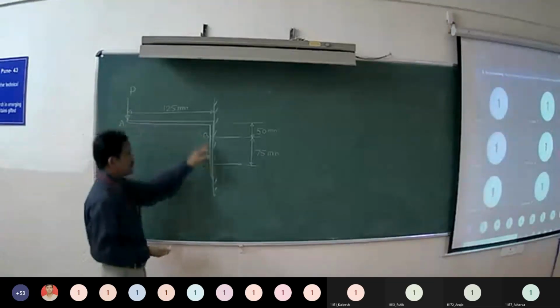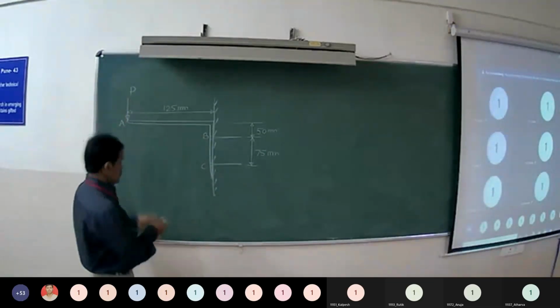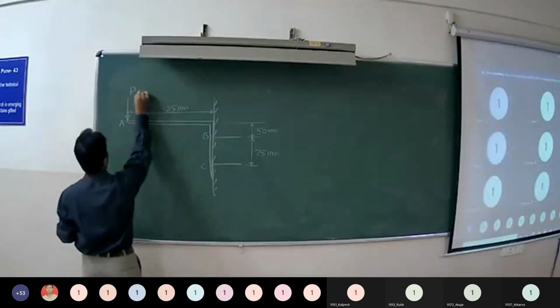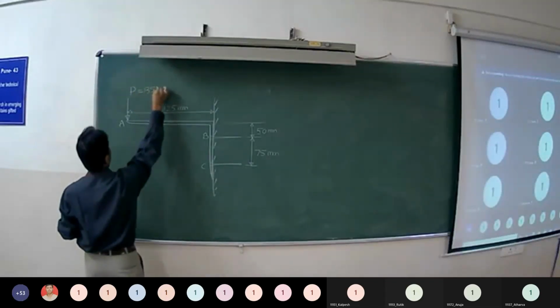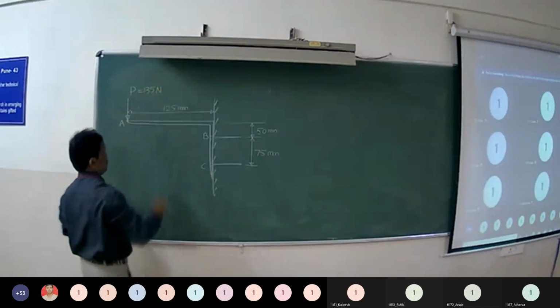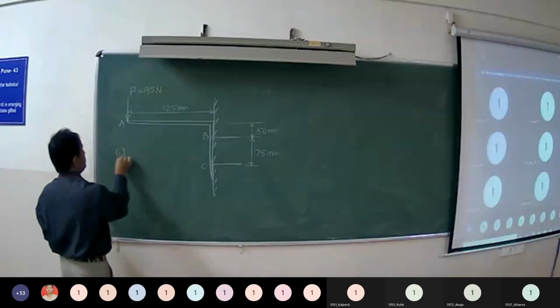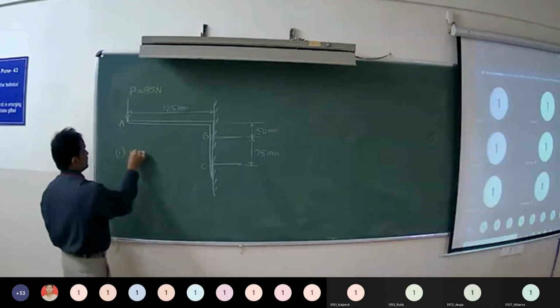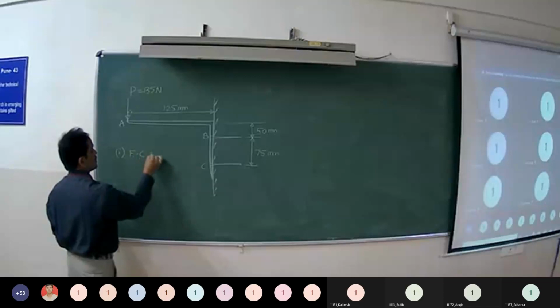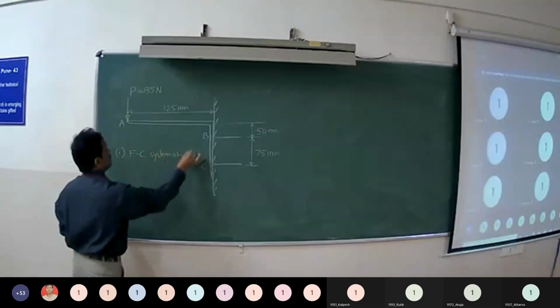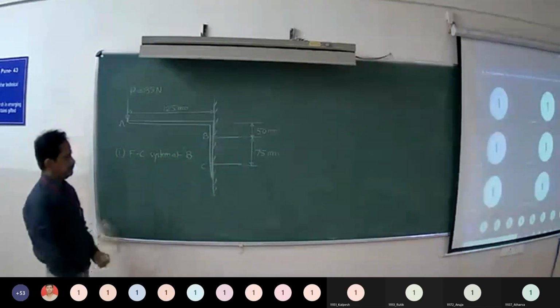So it is an angle bracket, force P of magnitude 135 Newton, acting vertically downwards at point A. The first part is you have to replace this force with an equivalent force couple system at point B.